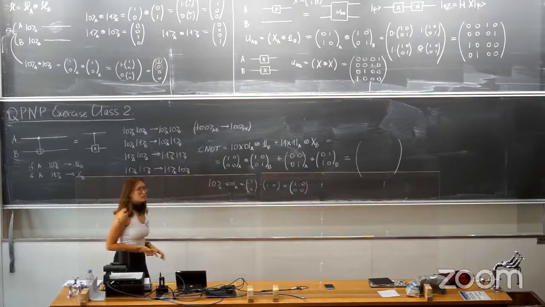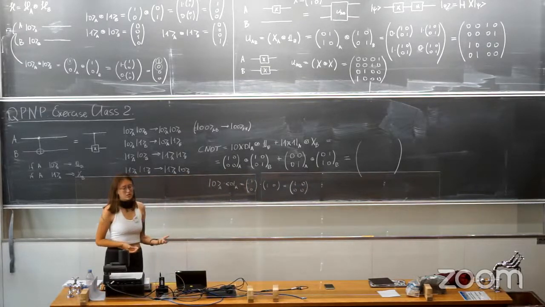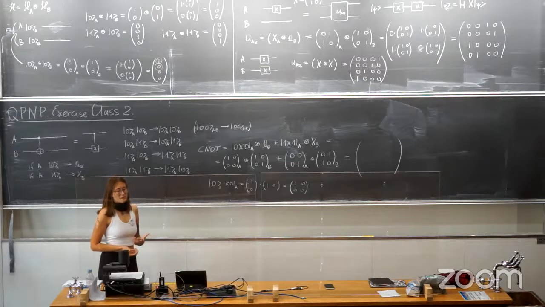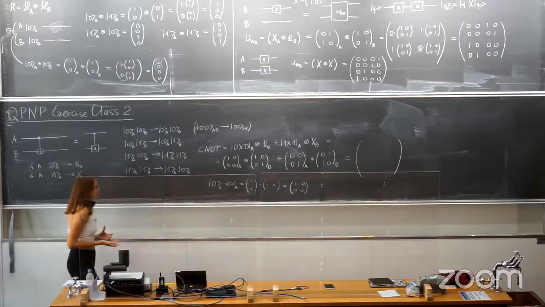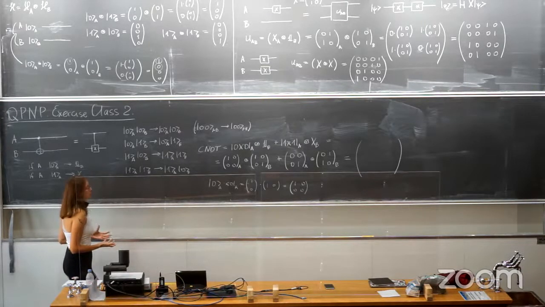So the idea of matrices, which will come later in the course, is that it allows us to describe a bit more states of the system. For example, we saw in the previous exercise class that all pure states of a quantum system in a Hilbert space, which can be described by these vectors, live on the surface of this Bloch sphere.